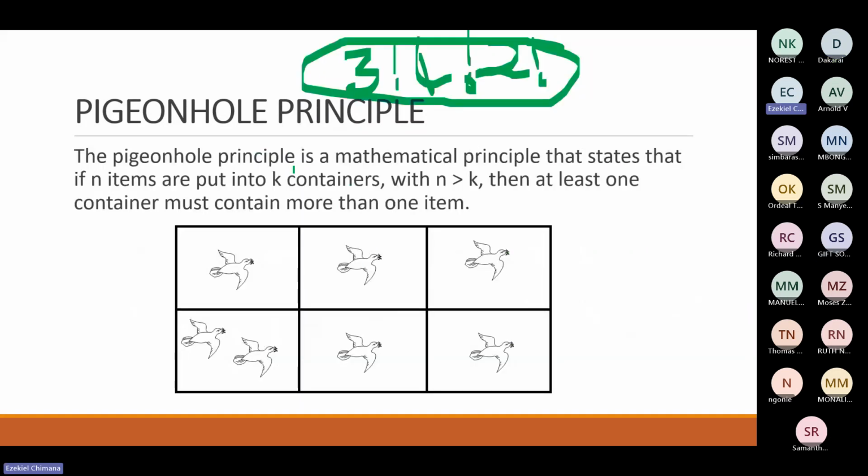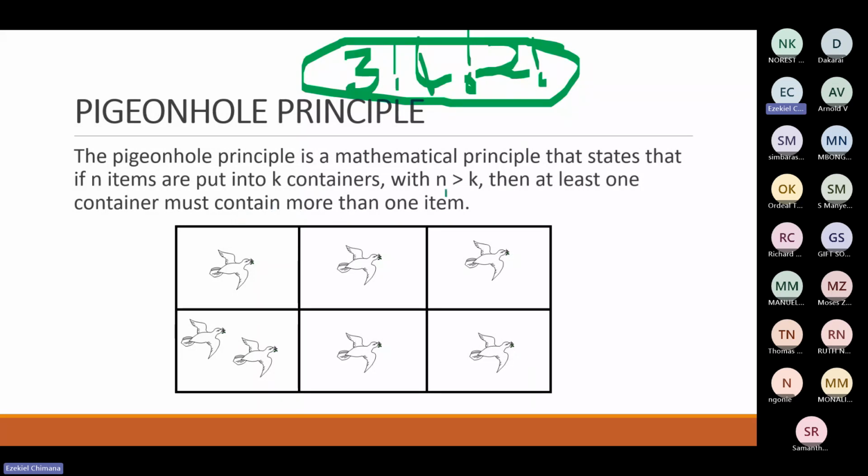Okay. Then what else? Okay, we're on the pigeonhole principle. We were saying the pigeonhole principle is a mathematical principle that says that if n items are put into K containers, with n greater than K, then at least one container must contain more than one item.